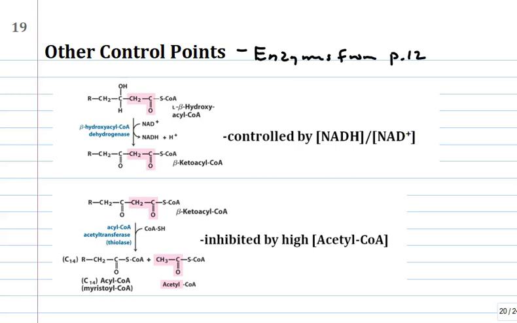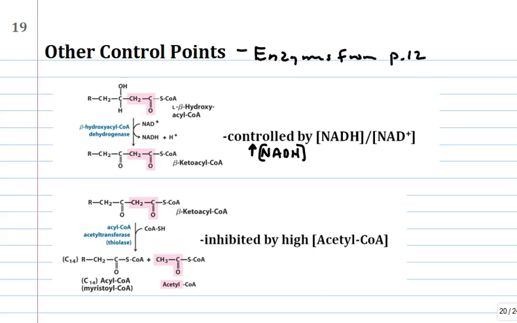This enzyme is controlled by the NADH to NAD plus ratio, the ratio of those two concentrations. So basically, if the concentration of NADH is high, ladies and gentlemen, we talked about this in Biochem 1 with the citric acid cycle. So I'm getting the feeling of an analogy coming on here, okay?